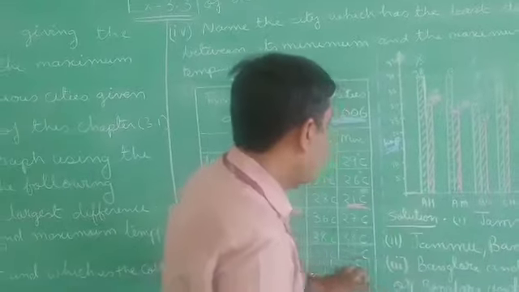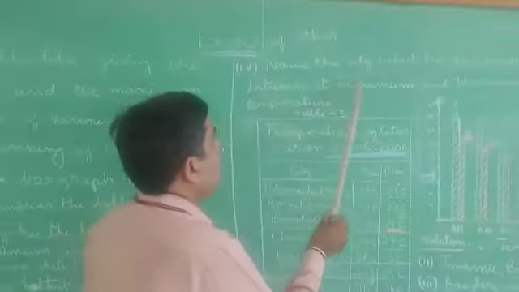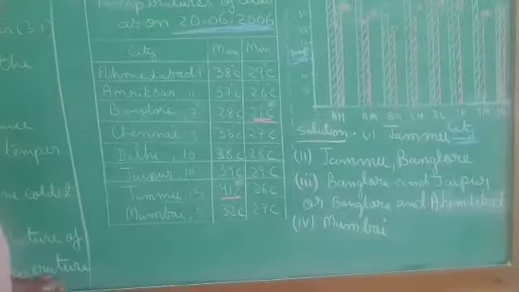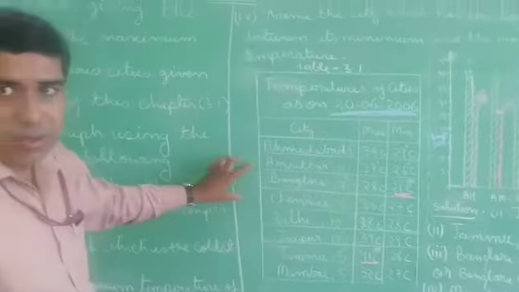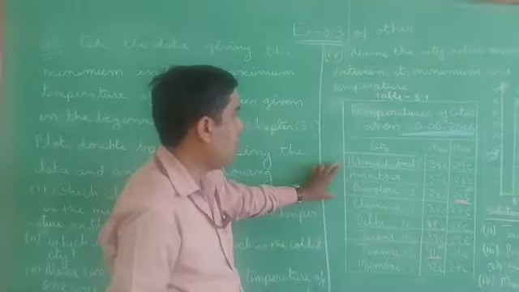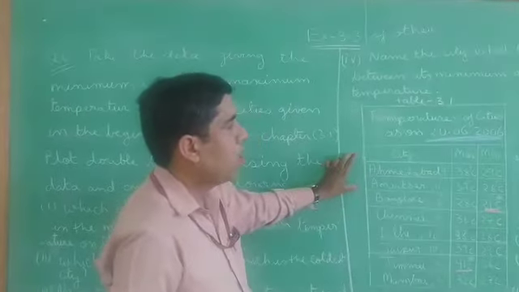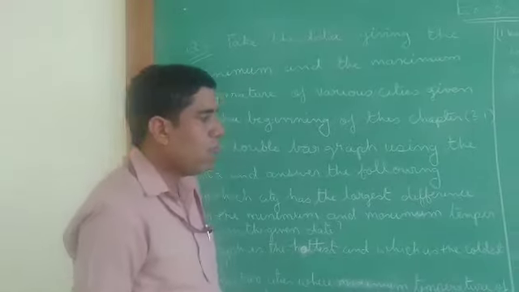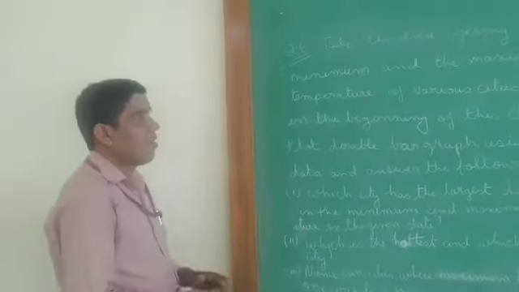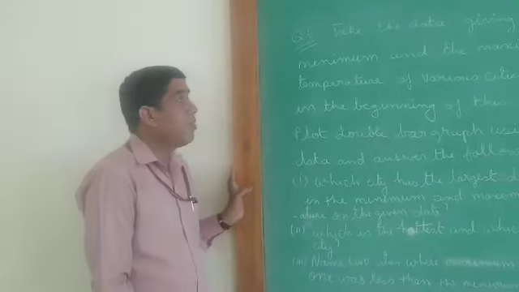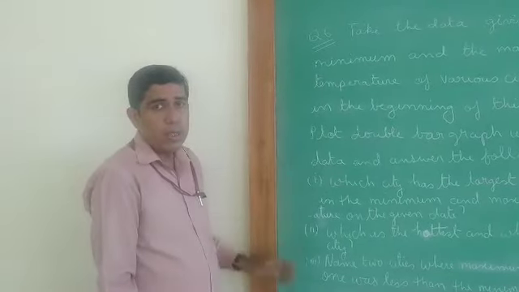Next, name the city which has the least difference. The answer is Mumbai. This table you have to see on the starting page of this chapter in the textbook. I think your doubts will be over for this question, and this exercise completes here. I complete my video of this question of exercise 3.3. Thank you everyone.